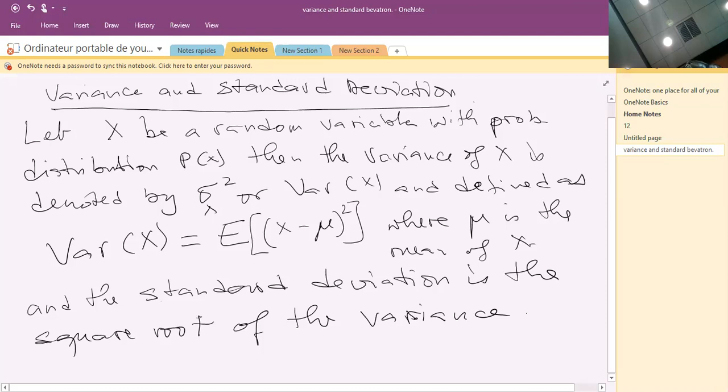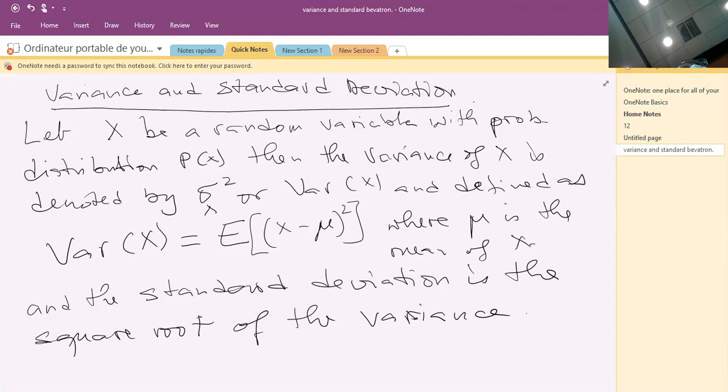You could also think about this as x minus mu being the deviation from the mean for each value. X minus mu tells you how x deviates from mu. When it is negative, it means it's below. If it is positive, it's above.